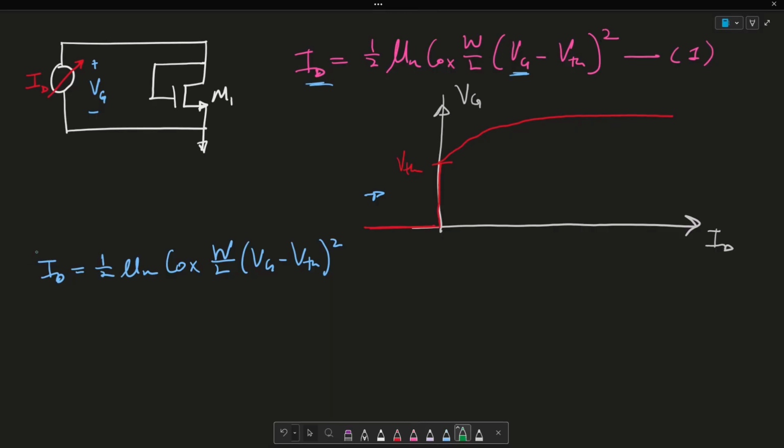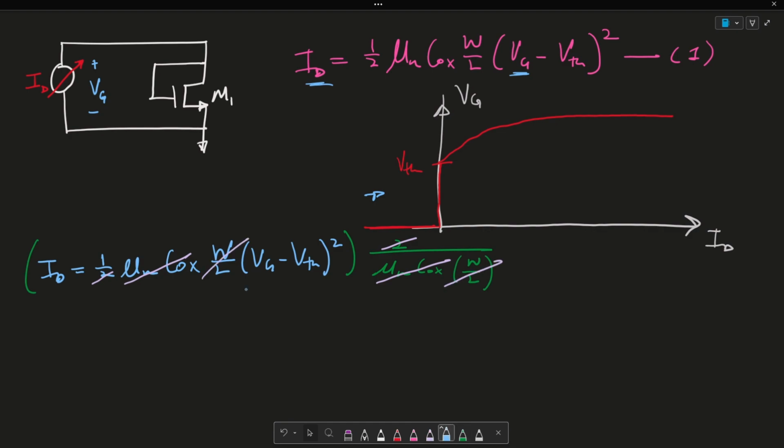And then we can go ahead and multiply both sides by 2 over mu n COX W over L. And so we'll notice that the 2's cancel out. The mu n COX cancel out here. And the W over L cancel out here as well.